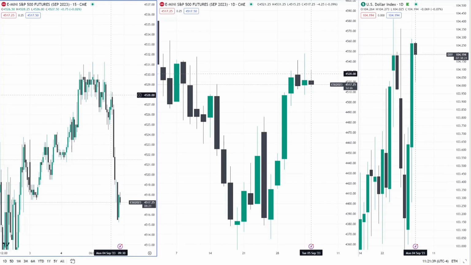RTH opens, and it just goes straight down, breaking the lows of where we opened in the Globex session. So we broke the relative equal lows and went down and got some sell side liquidity. And that's why none of this to me looks extremely bullish at all.